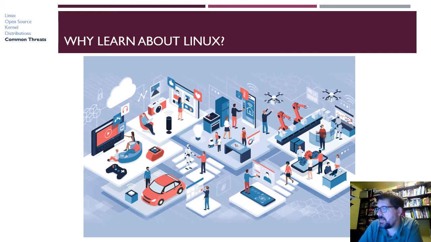Your smart TV, your thermostat, your smart lighting, all this stuff. Even light bulbs you buy that are smart light bulbs that are Wi-Fi enabled, most of those are running a really lightweight version of Linux. So you literally have Linux on light bulbs. It's everywhere. So we're certainly not wasting our time learning about Linux.